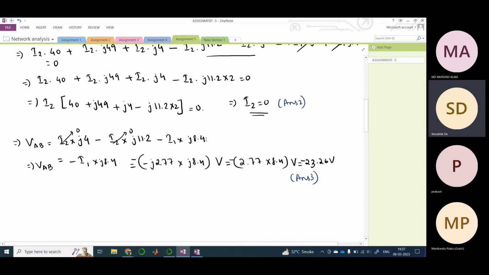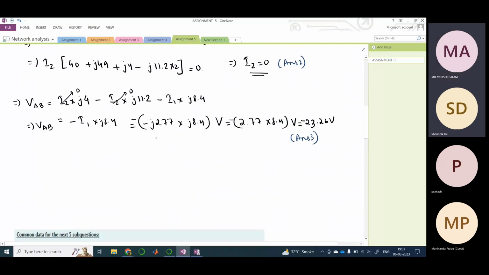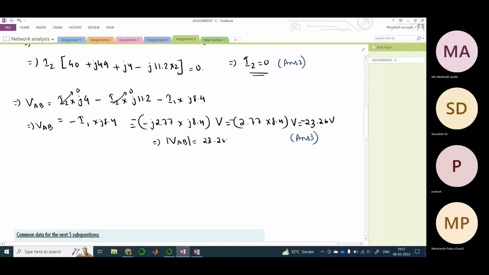But they told you to find the RMS value, right? So that's the magnitude. Yes, sir. So VAB would be 23.26. Thank you.